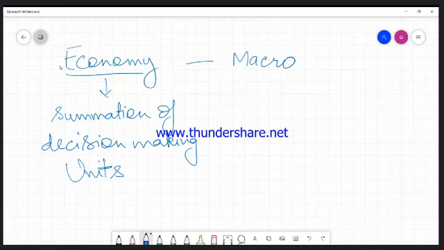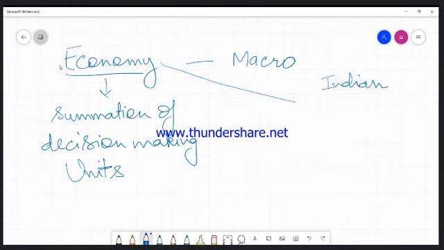Now levels can be different: domestic economy, international economy, regional economy. So you have different types of classification to define this economy. You can talk about the Indian economy with a domestic perspective, again in the macro sense only.